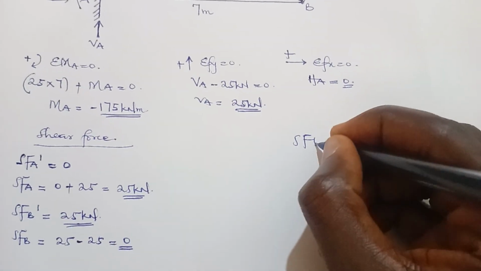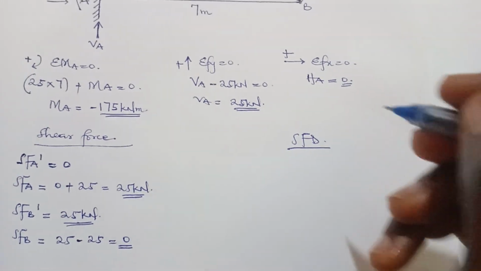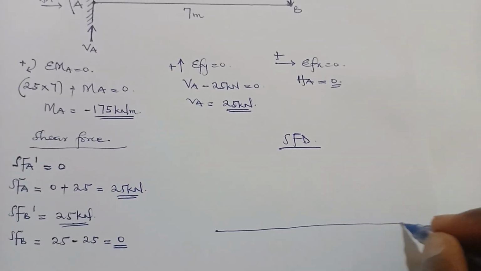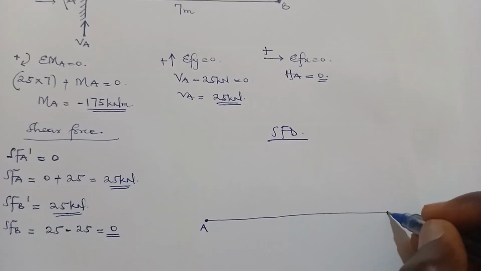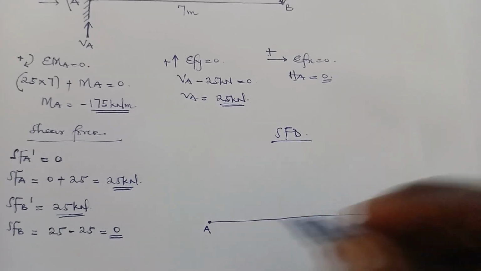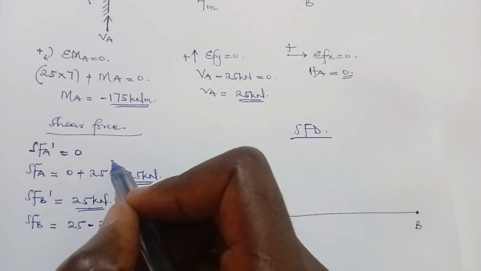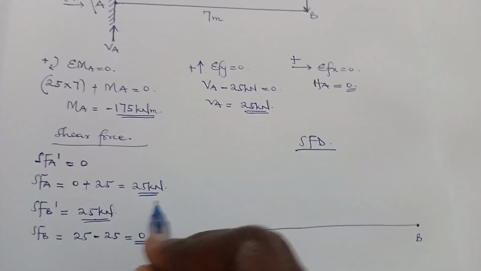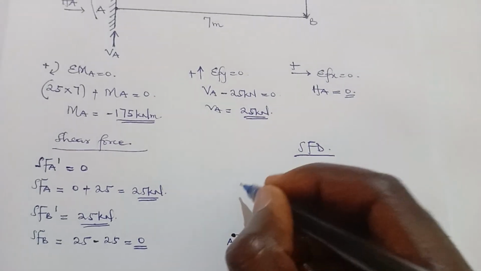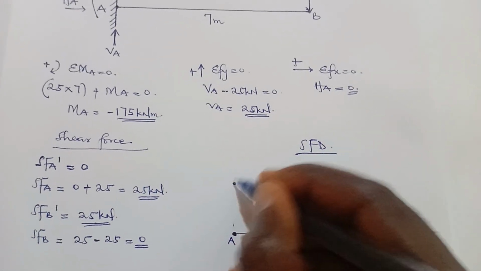So we can draw our shear force diagram. So we can call this place A. We can call this place B. So shear force at A prime was 0. So here is 0. Shear force at A again is 25. So plot 25 kilonewton.